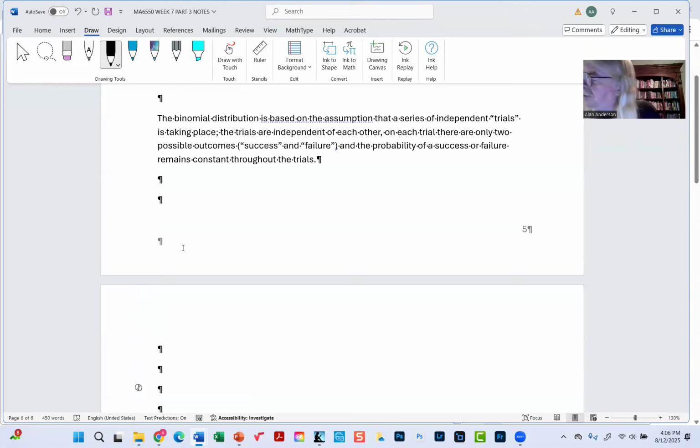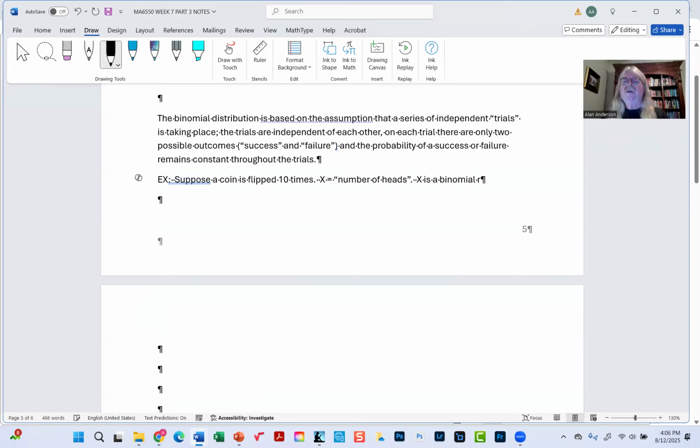So the classic example of this is, suppose you're flipping 10 coins. X will be defined as the number of heads. Then X is a binomial random variable, since the trials are independent.